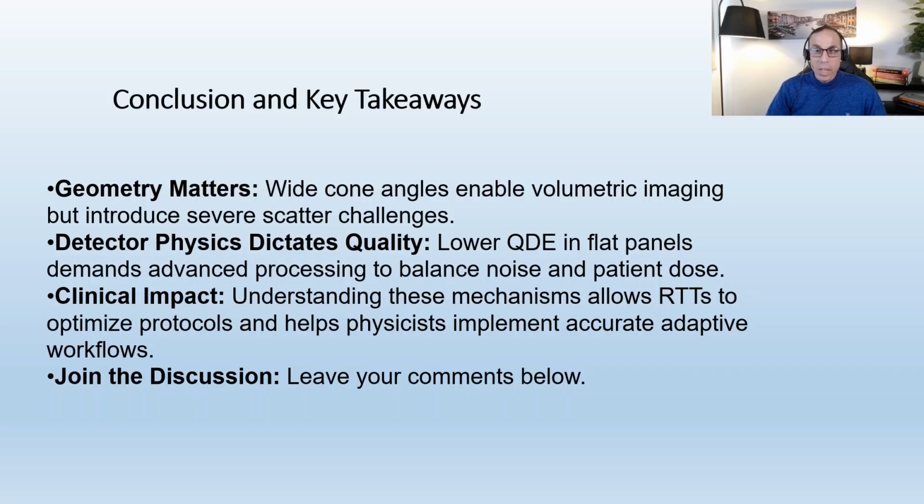Flat panel detectors generally have a lower quantum detection efficiency, which means we have to rely on advanced image processing to strike the right balance between image noise and patient dose. Ultimately, understanding these underlying mechanisms empowers RTTs to optimize daily scanning protocols while enabling medical physicists to implement precise adaptive radiotherapy workflows.